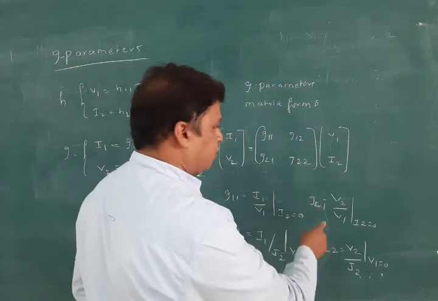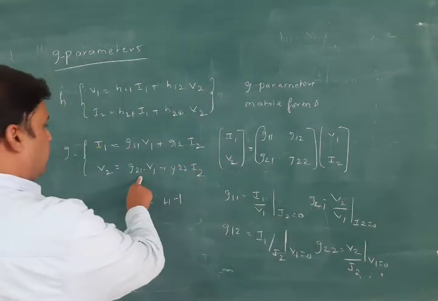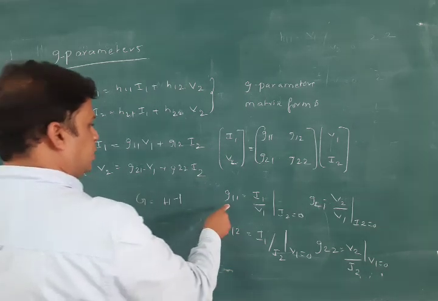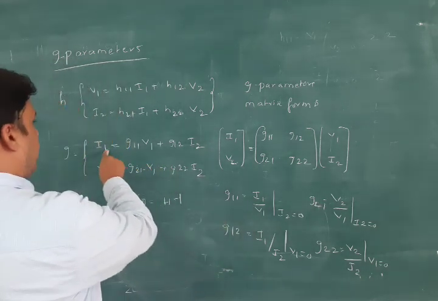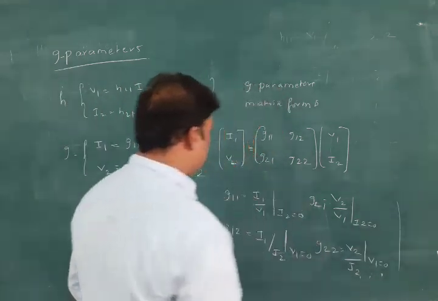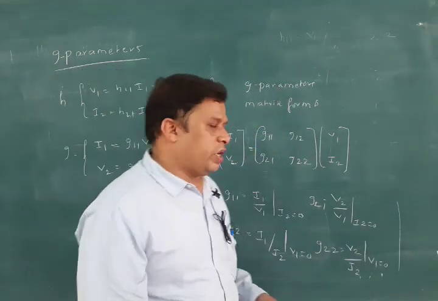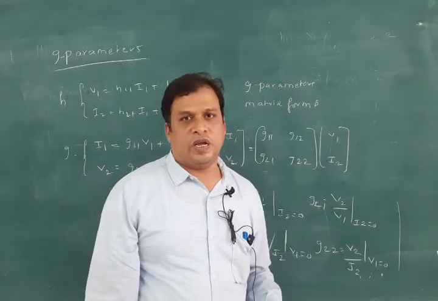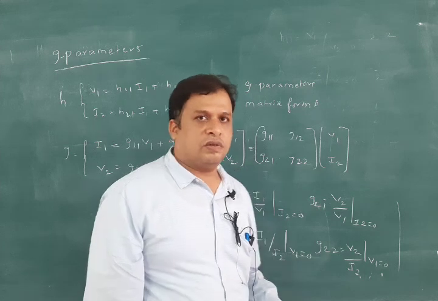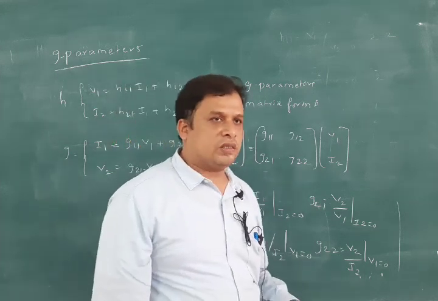These G11, G12, G21 and G22 are also named like the H parameters, impedance parameters and admittance parameters. Now we will see what they are named as.